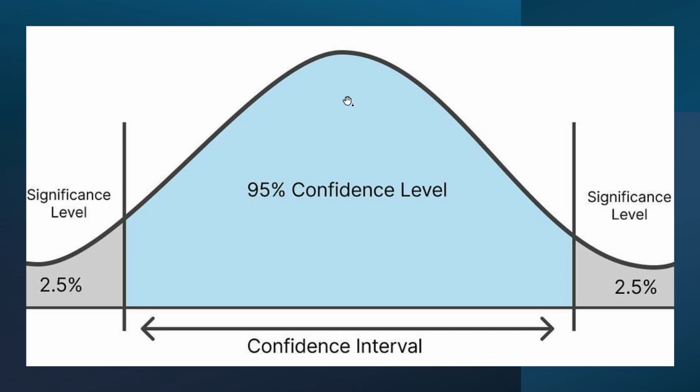The confidence level's complement is called the significance level, and it is equally split on either side of this interval as the interval is symmetric. Sometimes we may have an asymmetric interval when we know that the value is greater than a certain expectation. So the interval around the point estimate is the confidence interval, and the area captured by the normal curve within this confidence interval band is the confidence level.